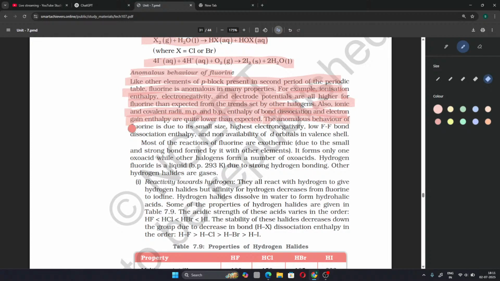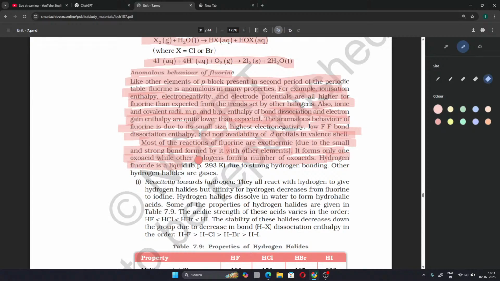The anomalous behavior of fluorine is due to its small size, high electronegativity, low F-F bond dissociation enthalpy and non-availability of d orbitals in its valence shell. Most of the reactions of fluorine are exothermic due to the small and strong bonds it forms with other elements. It forms only one oxyacid while other halogens form a number of oxyacids.